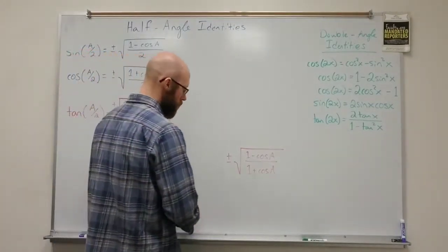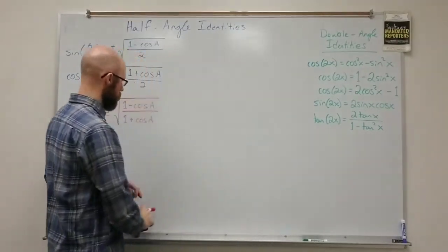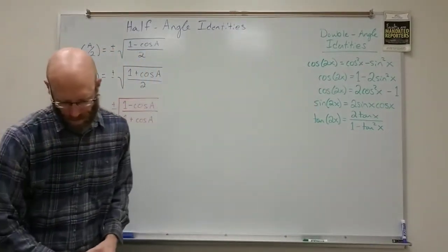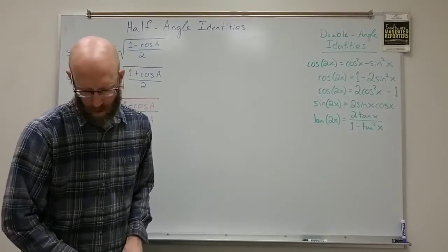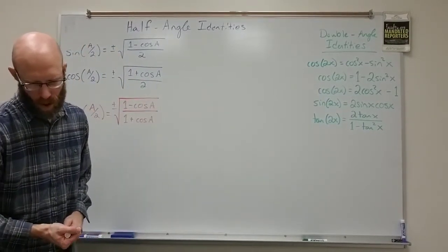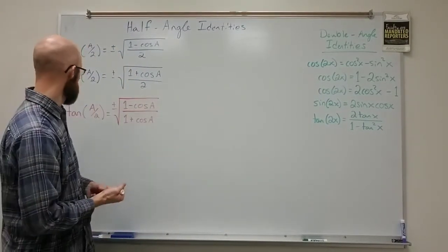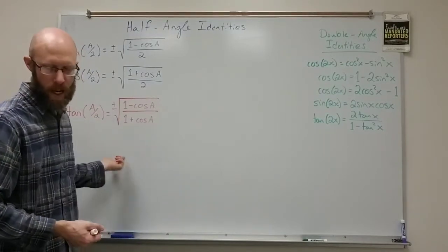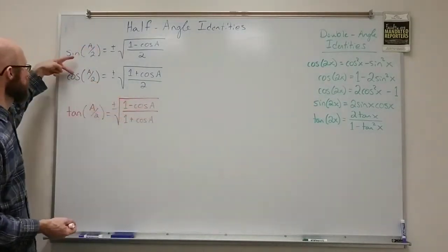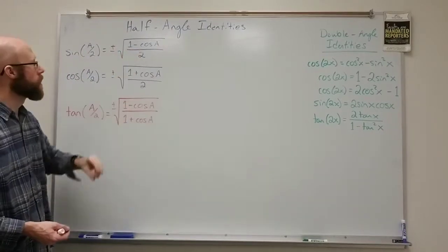Now there are some other half-angle formulas. Again, there are other formulas for the tangent. So the sine and the cosine ones are kind of set.